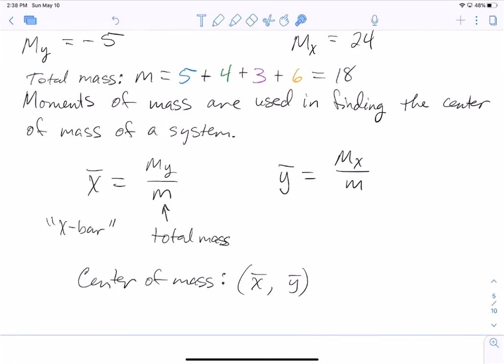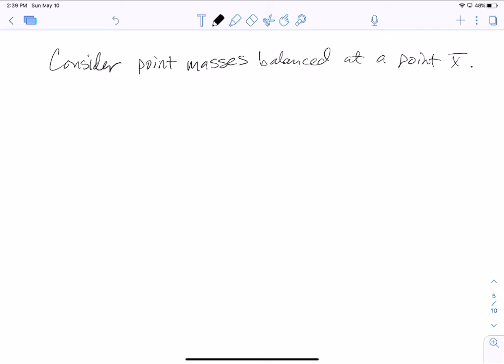To see why these expressions for x bar and y bar should make sense, we're going to consider point masses balanced at a point x bar. And when I say that, we're considering on the x-axis a balancing point x bar, to the left of which we have x1, at which is point mass m1, and then we have to the right of x bar x2, at which is mass m2.